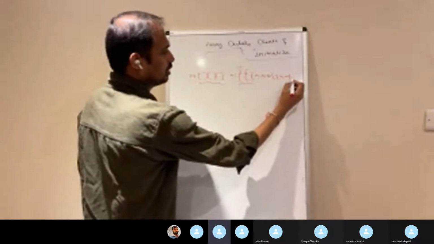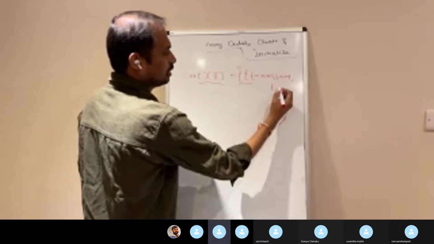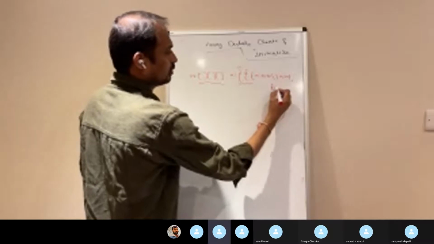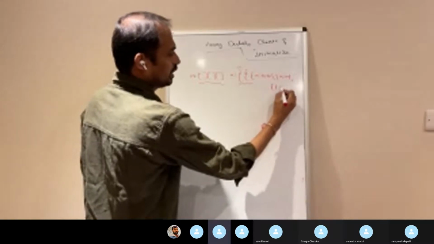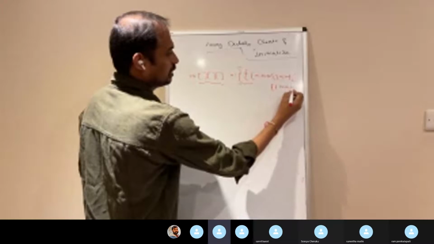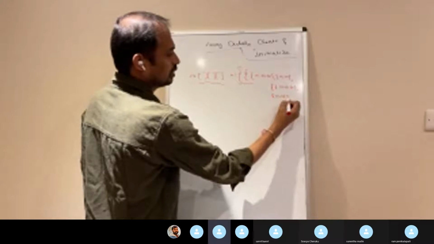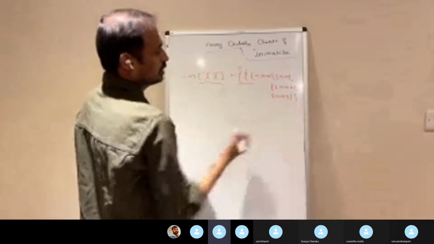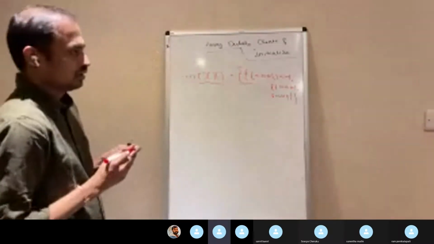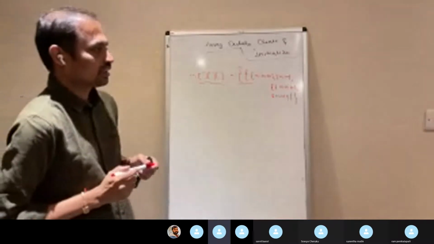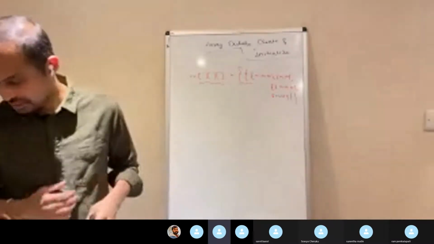Then we need to have 2 arrays, right? 10 20 30, 10 20. So like this we can represent a 3-dimensional array.